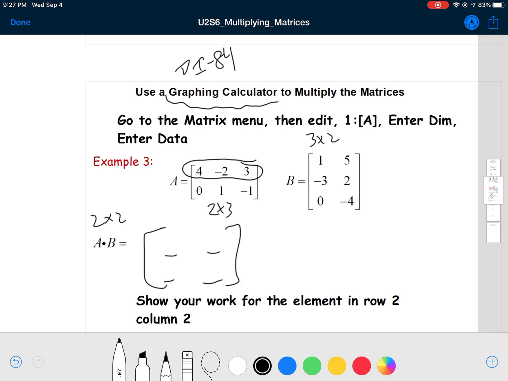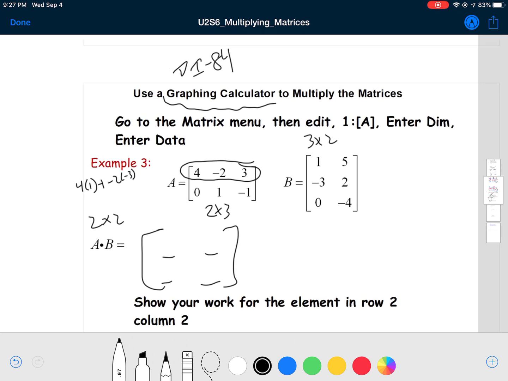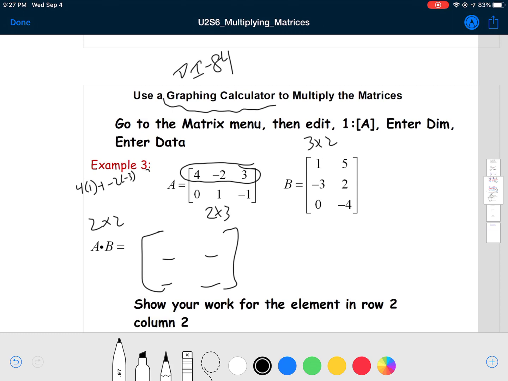So 4 times 1 is 4. -2 times -3. Okay, 3 times 0. So 4 plus 6 plus 0, that is going to be 10. Okay, I'm going to move on to the next column here.